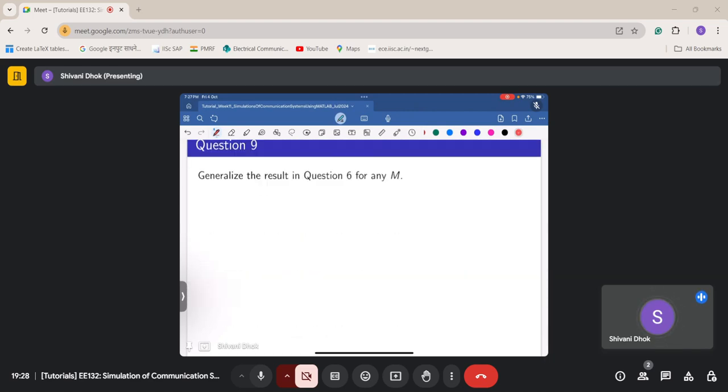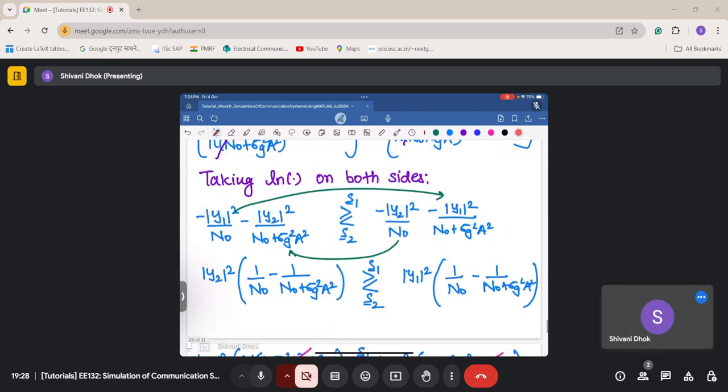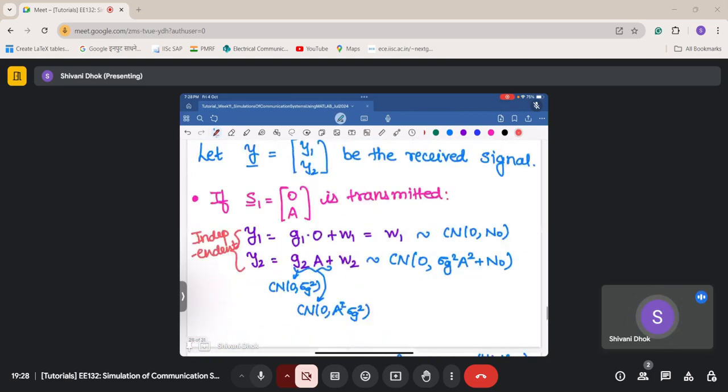So now what it says is, generalize the result in question 6 for any m. Okay, so I made a weird choice of S1 and S2 here.